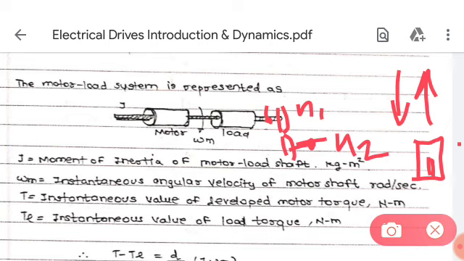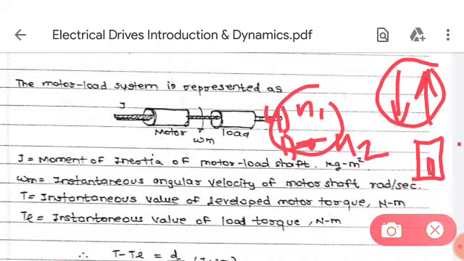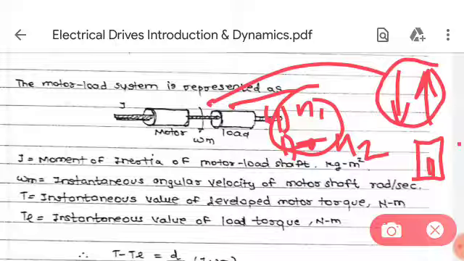So some loads have linear motion, and many loads actually have rotational motion. Any type of motion load has to be transformed to the motor shaft. Their equivalent torque, equivalent inertia and speed have to be calculated.